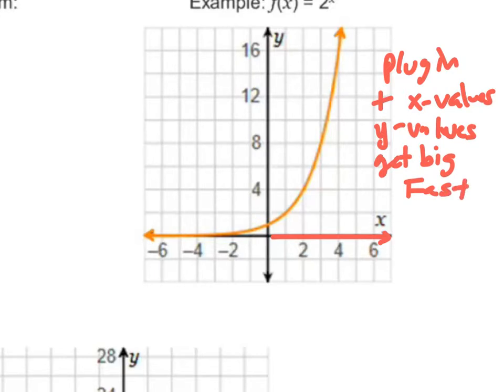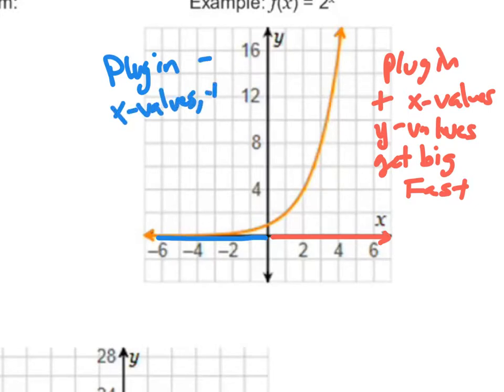But if you plug in negative x values, then the y values get very small.